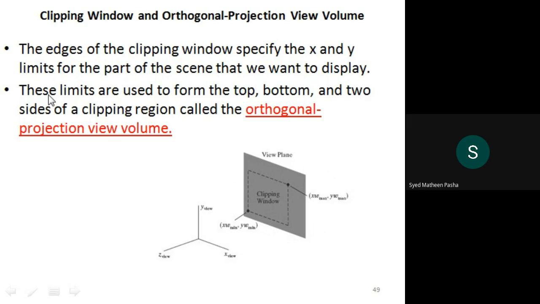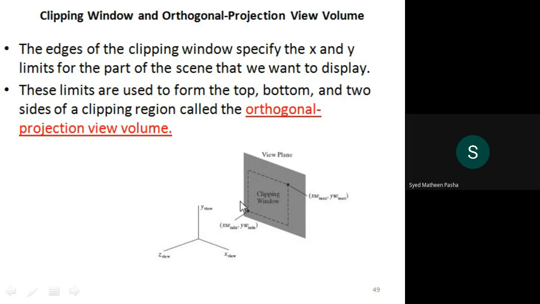So these limits, that is the xy limits, are used to form the top, bottom, and 2 sides of a clipping region, which is also called the view volume. That is, whatever clipping region, that is this clipping window, is being displayed, it is dependent on these 2 limits, that is the x and y limits with respect to minimum as well as maximum values.